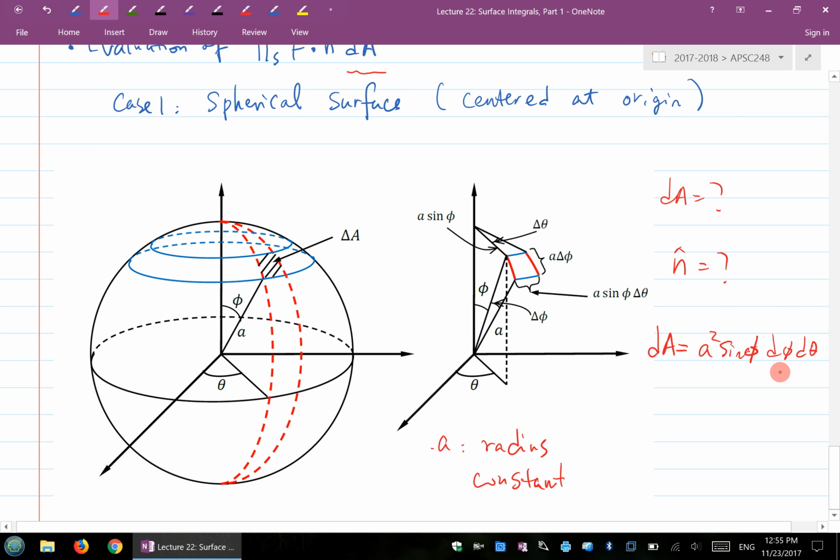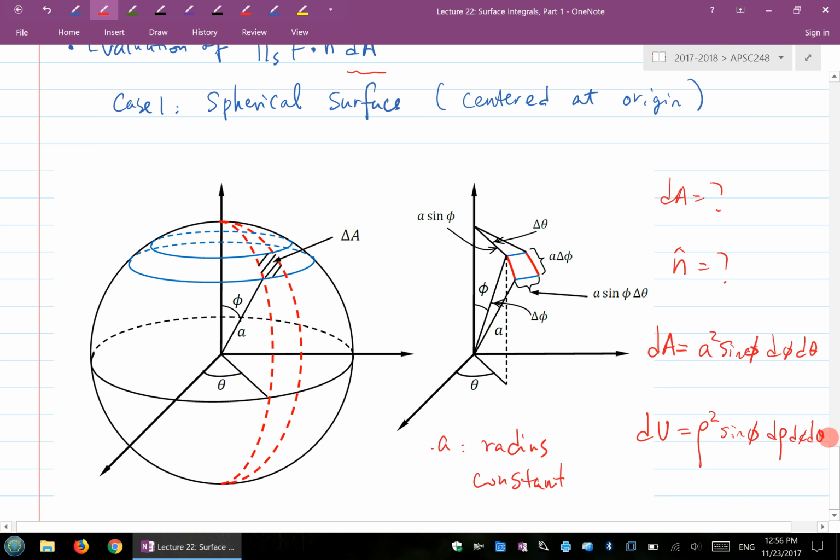If you jog your mind back to the formula for the triple integral in spherical coordinates, this is very similar, isn't it? In spherical coordinates, you have a dV, which is a volume, equal to rho squared sine phi d rho d phi d theta, isn't it?